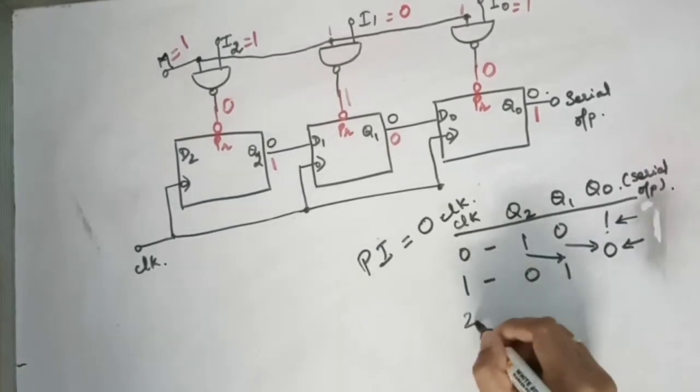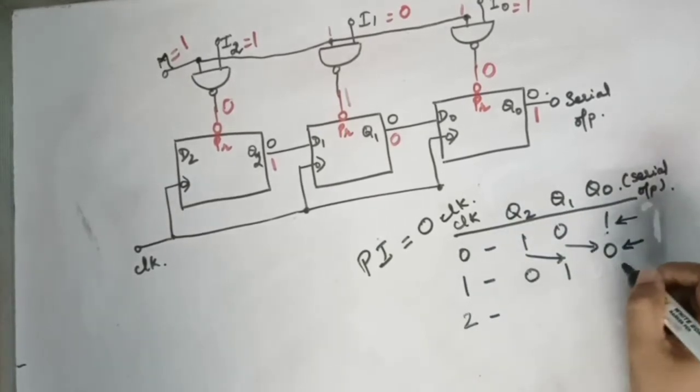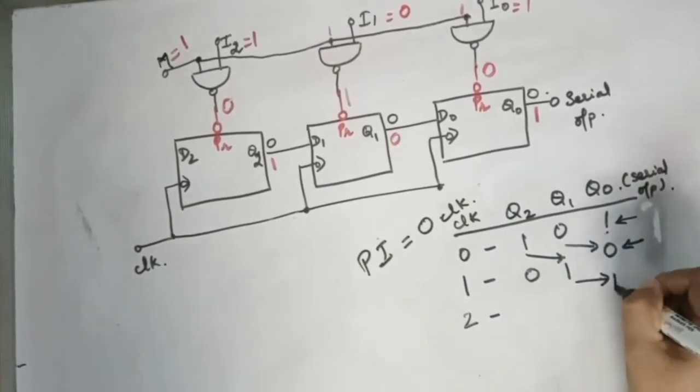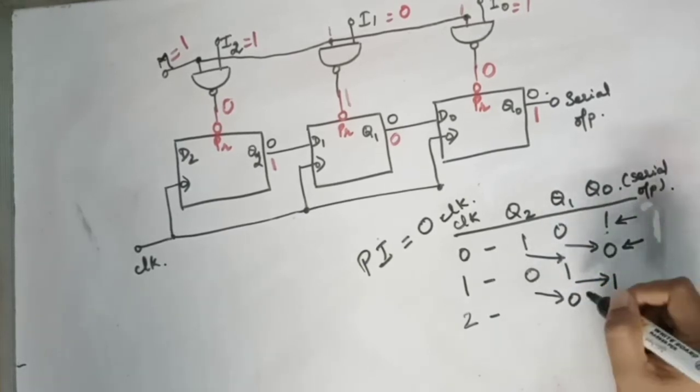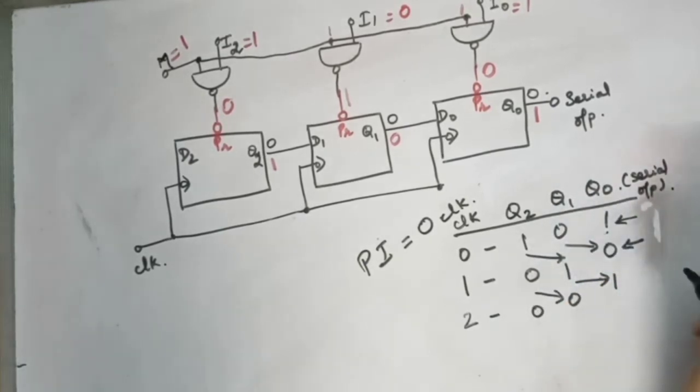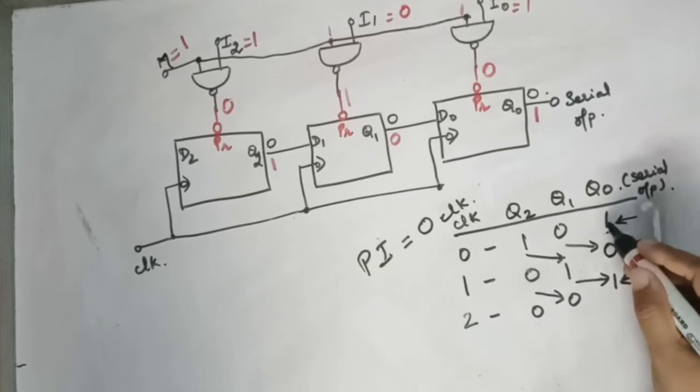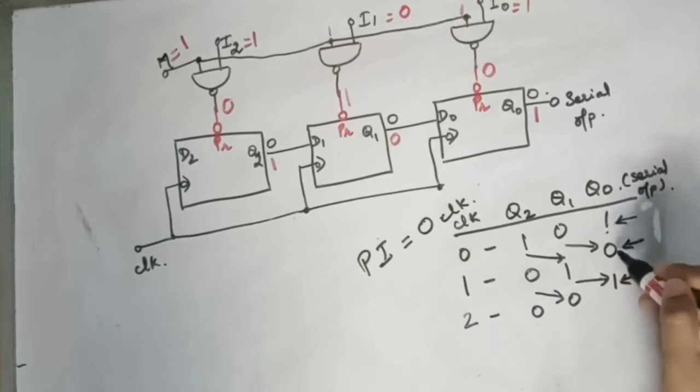I apply another clock, so this 1 will come here, this 0 will come here. Here you don't have anything. So this is my third bit, 1, this is my LSB, middle bit, and the MSB.